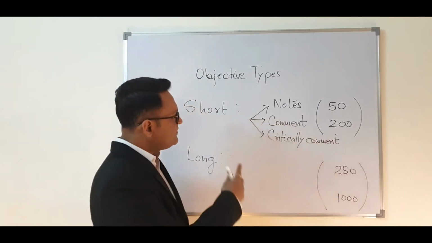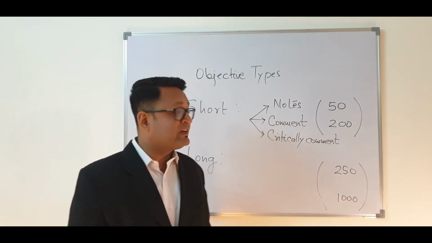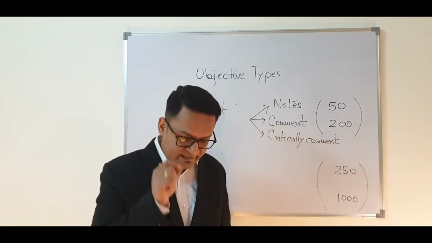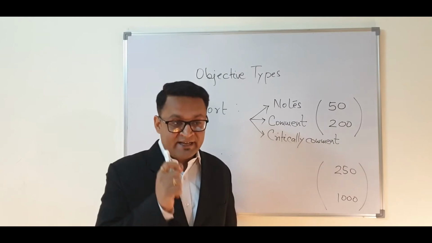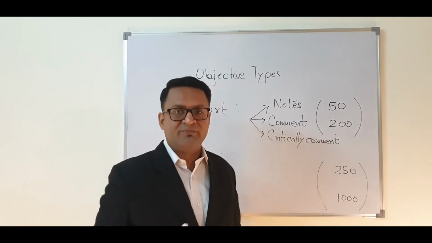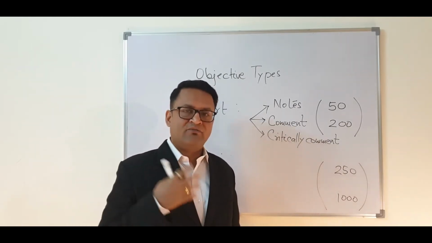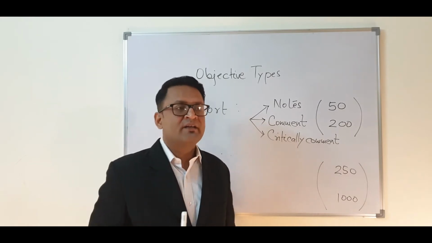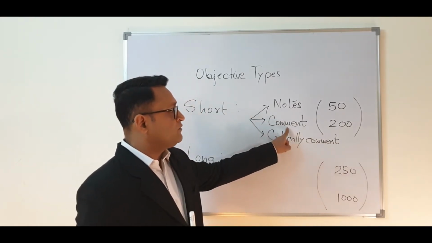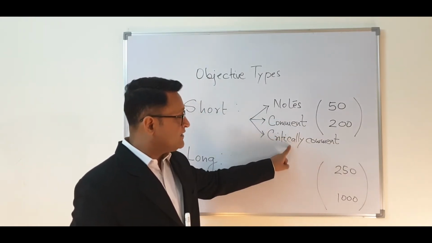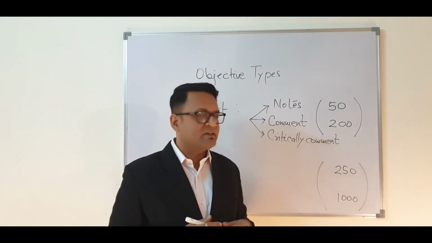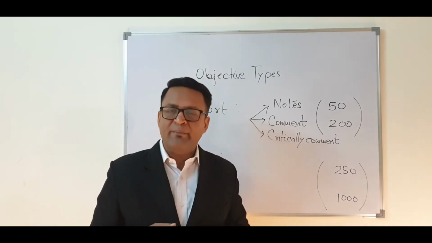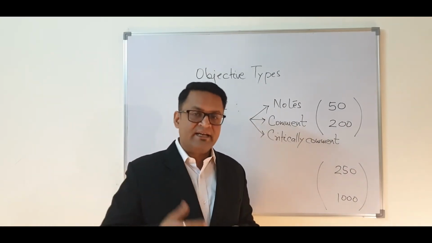Every time there is a question of critically comment, you have to be very clear with this idea that I need to clearly go against the notion. Like in debates, we say that you are for the notion or you are against the notion, right? So here you can go for or against. Here you have to go against. So if there is a short question asking you to critically comment on something, you have to go against that idea.